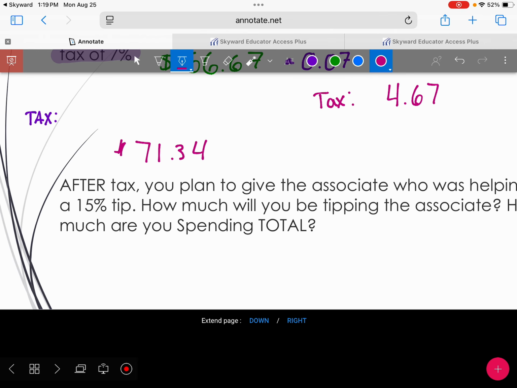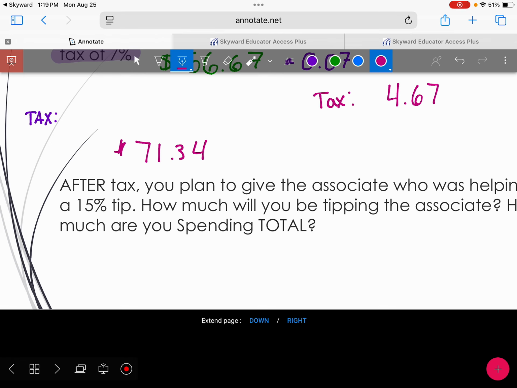We do not typically tip our shoe salespeople, but we're going to practice tip anyway, because we have a total right now and we should know how to calculate tip.